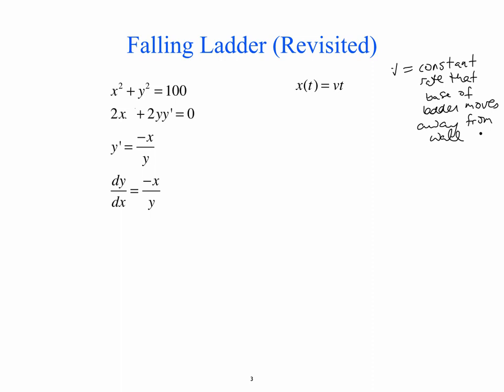But I want to know the rate of change of x with respect to time. Arian? Would just be v, right? Notice that I wrote v is the constant rate that the base of the ladder moves away from the wall, right? So v is the constant rate of change of x with respect to time.